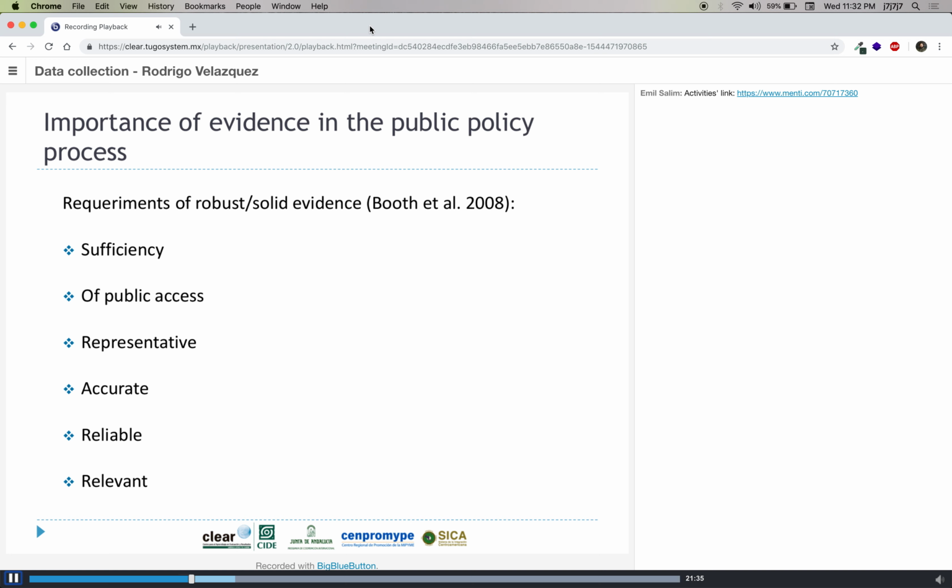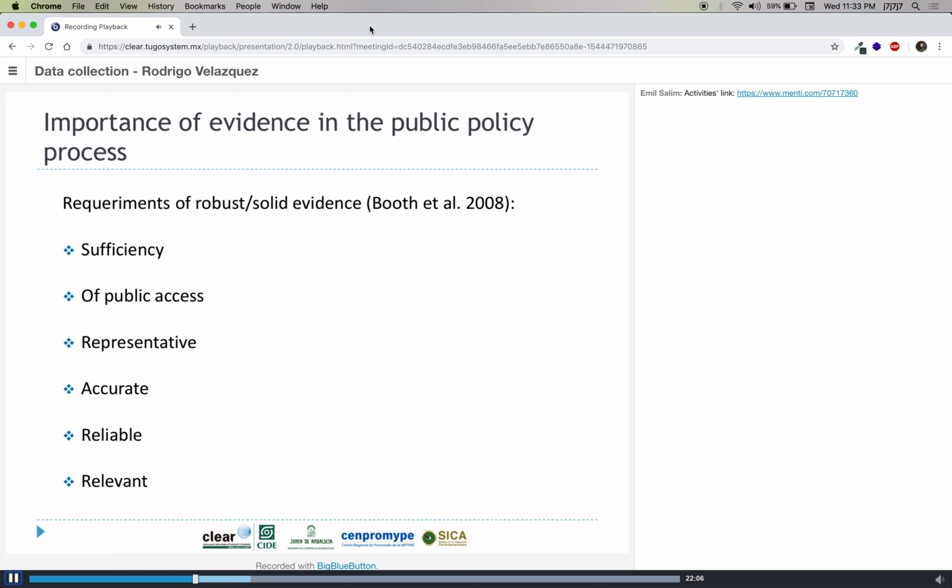So when we provide evidence, we have to include the information sources and these studies or diagnoses, and they have to be available for everyone. So it is very important that the information that we have as evidence should be of public access.